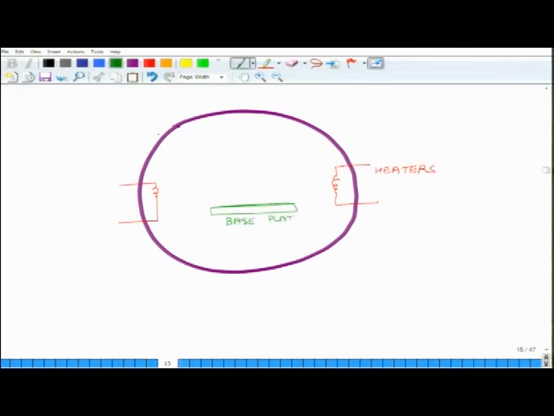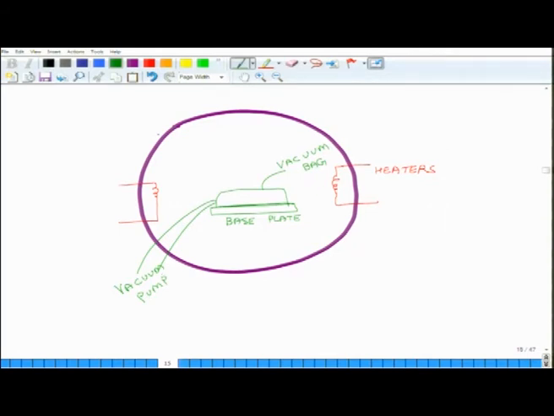Suppose I want to make a rectangular panel of composite. So I have a base plate, and on top of this I have a vacuum bag. I can connect this vacuum bag to a vacuum pump.